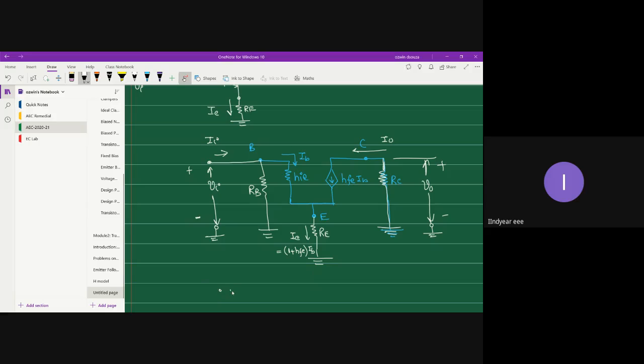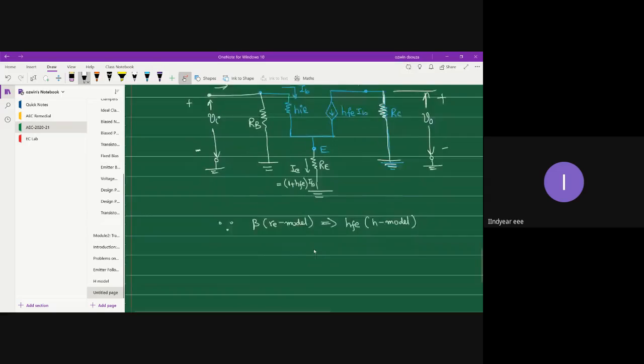Remember, the terminology beta is used in the RE model, and the analogous terminology in the H model is HFE. So your emitter current IE is 1 plus beta times IB, and in place of beta, I have substituted HFE. So IE is equal to 1 plus HFE times IB. That's all. Rest all remains the same.